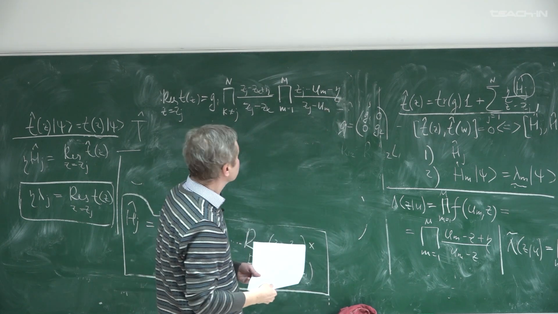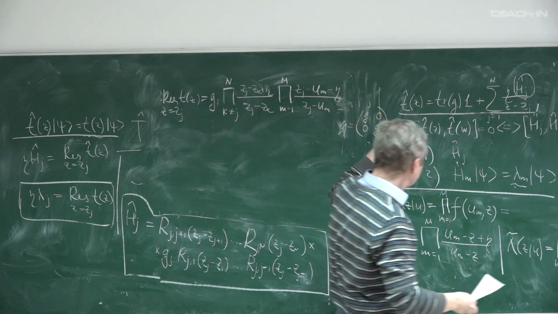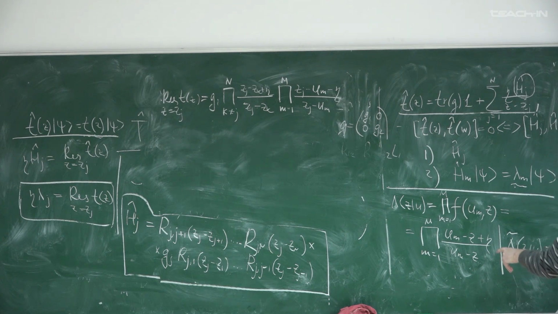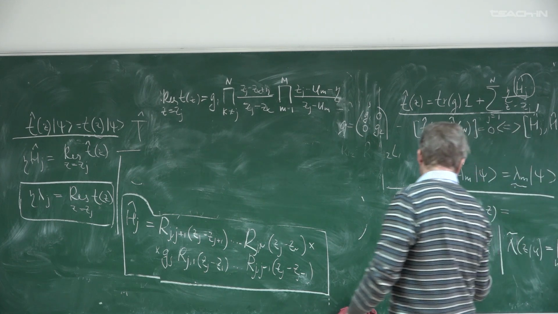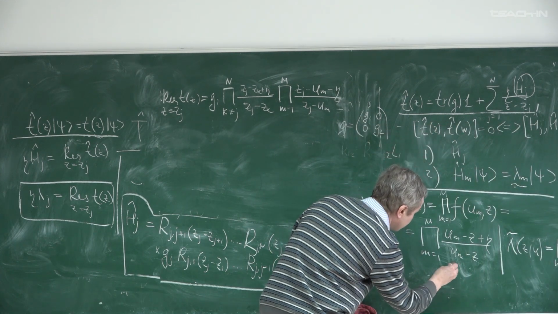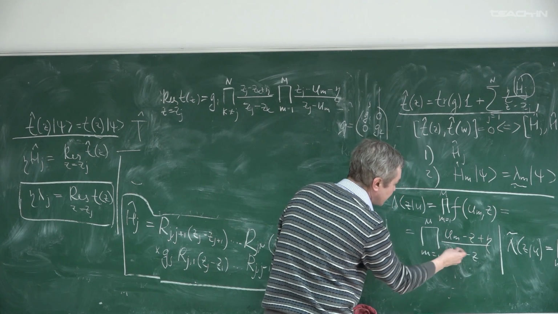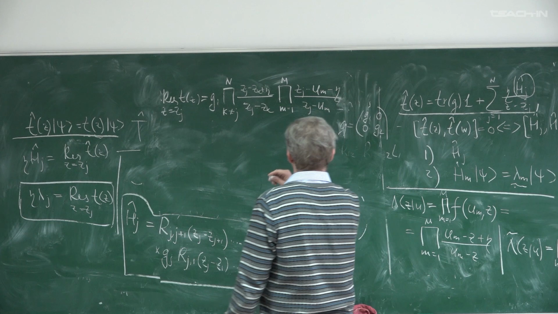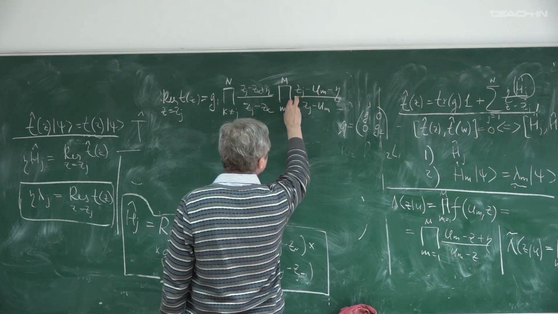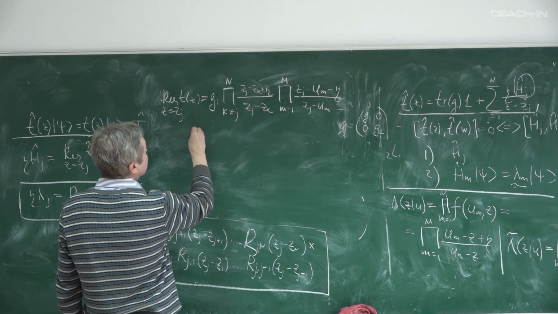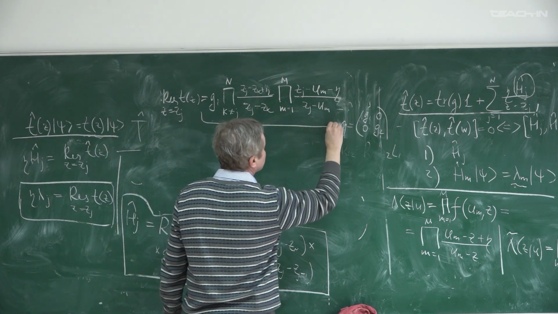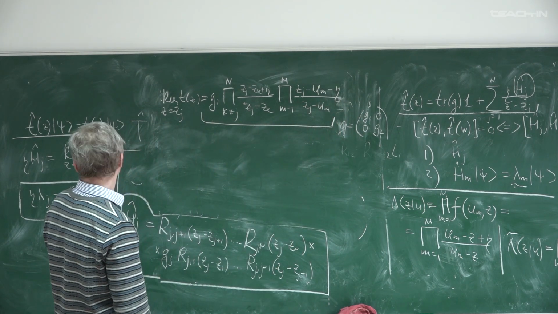I'm writing here minus eta, while here I have plus eta, just because I changed the sign. Yes, I wrote z minus u minus eta divided by z minus u, because here I have z at first place. And this is the answer for the eigenvalue.